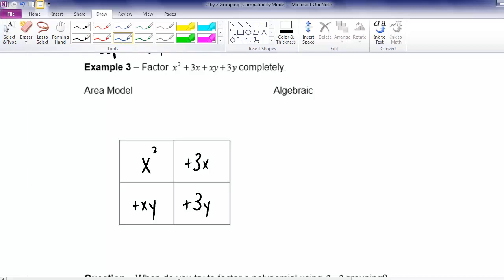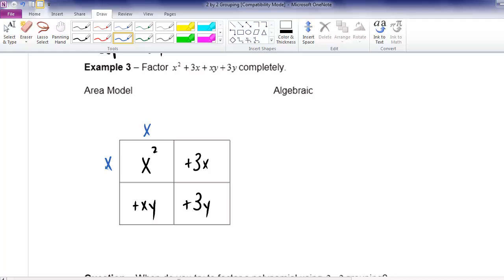And much like with GCF, if we determine the first one, then what I'm saying is x has to be a factor of the top right square area, and x has to be a factor of the bottom left as well. And again, we go through our logic we did above.